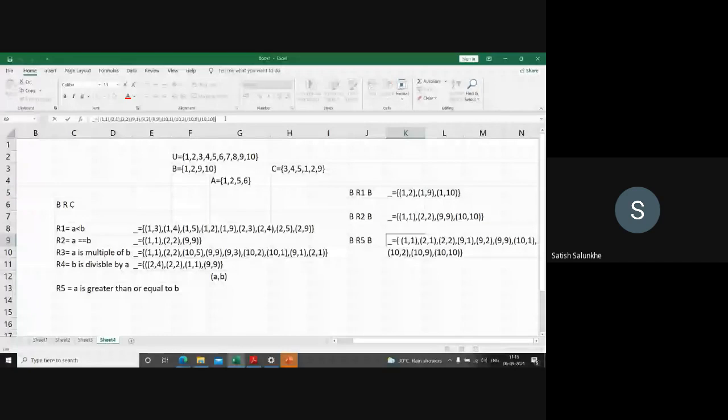You can just visualize here. So not symmetric. Counter example: (2,1) belongs to R, but (1,2) is not there. Correct. Very good. Perfect. So let us proceed ahead.